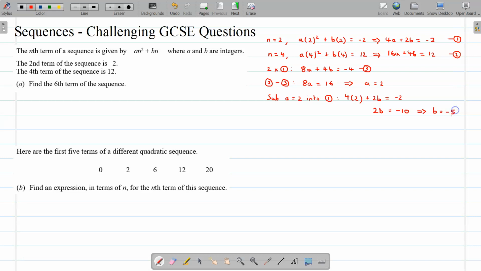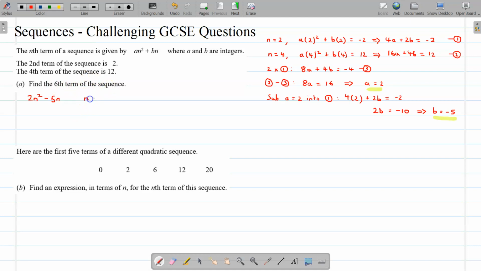So what I've done is find the values of a and b in the general rule for the sequence. I can rewrite the general rule as 2n squared minus 5n. And now that I've got that, I can find the sixth term, or indeed any term in the sequence.